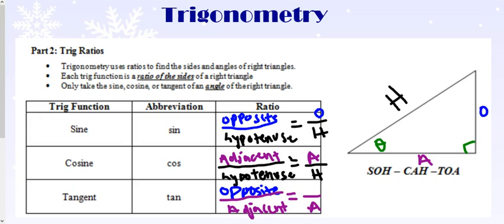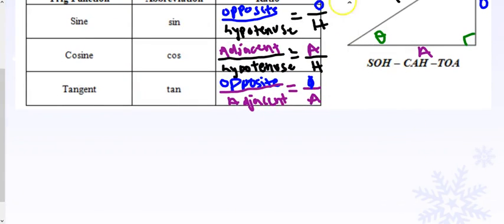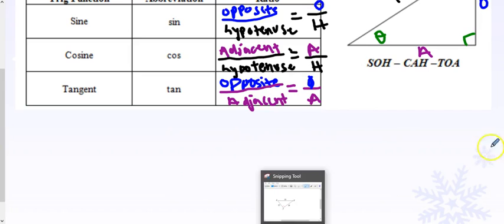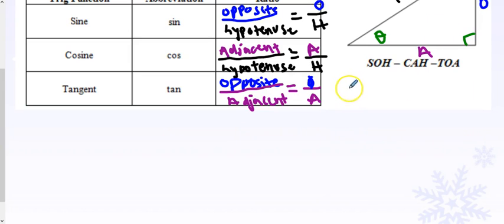Or O over A. Now there are lots of mnemonics to help you remember what this could be. I just personally remember SOHCAHTOA. I think about it like an Indian princess, but I always write SOHCAHTOA in a very special manner.